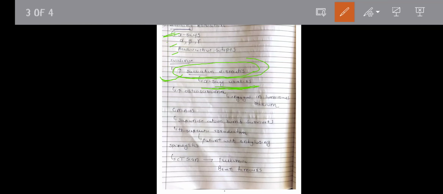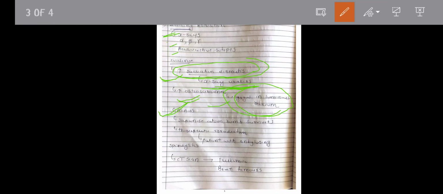There is increased incidence of osteosarcoma in luminous radium workers. There is increased incidence of cancer in miners, which are radioactive elements miners.